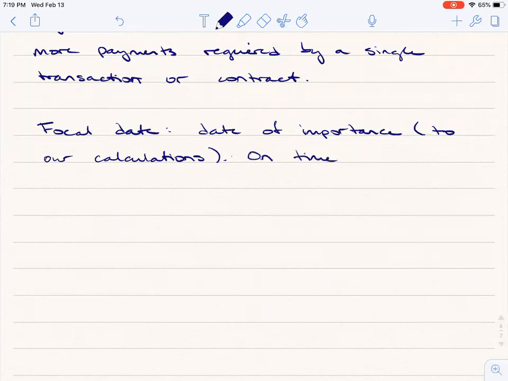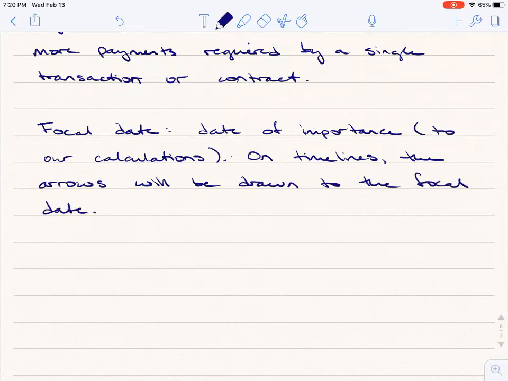So on timelines, the arrows will be drawn to the focal date. Okay.